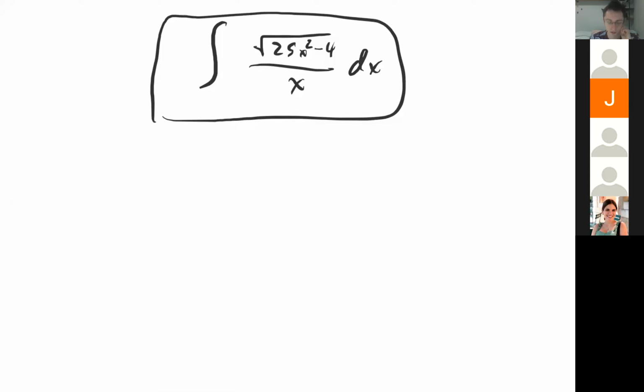Yeah, okay. So I guess the best way to do this problem, the problem isn't really the denominator, right? The problem is the numerator. You have this weird square root, and there's nothing outside that you can use as a derivative. So the intuition here is that you want to get rid of the square root again, okay?